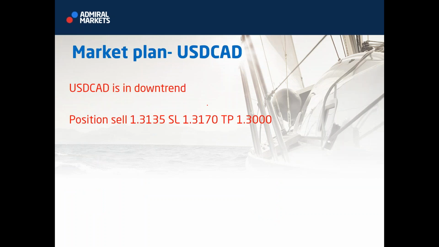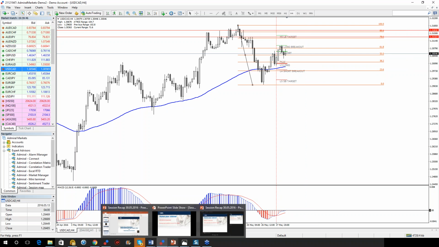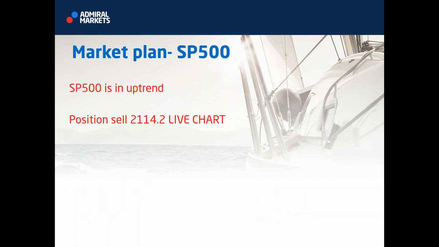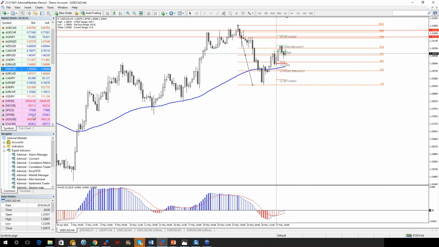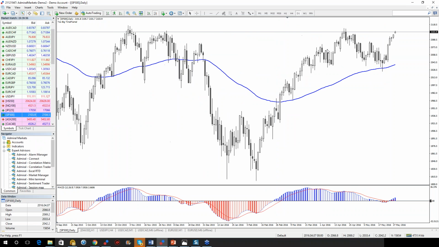Okay. So now, yes, I will go through market plan again. And if you have any questions, guys, yeah, SP 500, sorry, first SP 500. Daily chart, guys, look at this. Very, very close to resistance, really. See?